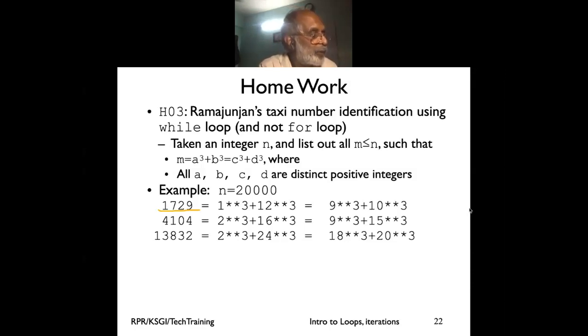So 1729 is the first number which is the sum of 1 cube plus 12 cube and 9 cube plus 10 cube. 10 cube is 1000, 9 cube is 729.